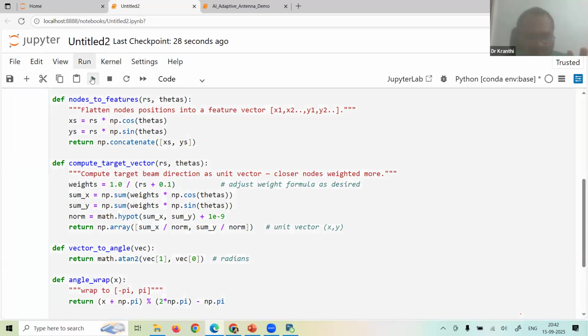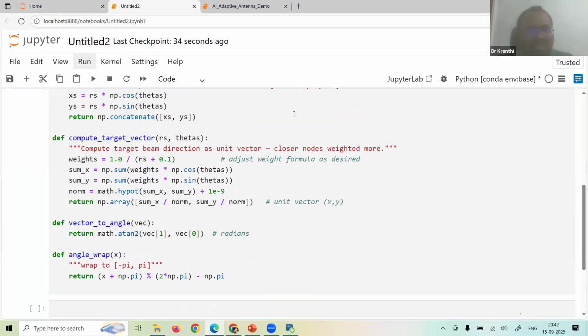Here, I'm not talking about any code. In the context of AI, IoT, and antenna systems, in modern IoT networks we deploy thousands of small devices, as I already explained: sensors, wearable devices, industrial nodes, many things communicating wirelessly.